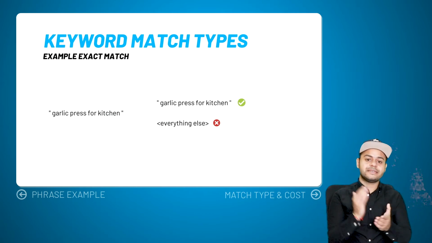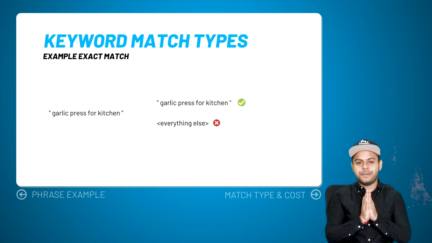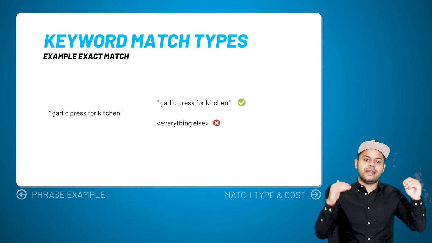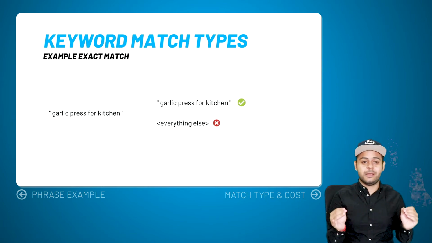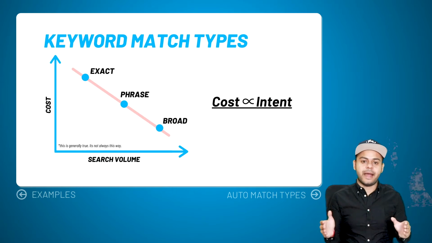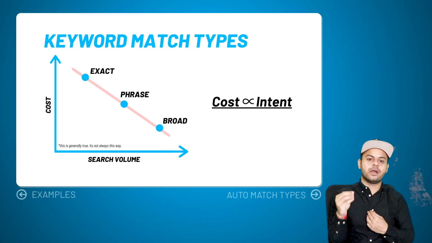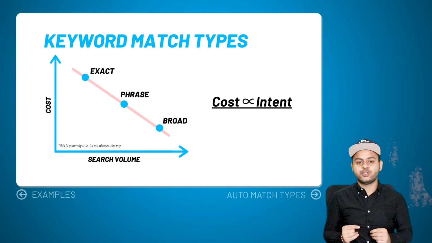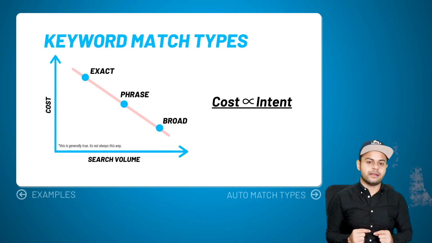Now, something that you must understand, and this is very critical, which a lot of people don't pay attention to or are not consciously aware of, is the cost and impression relationship between these three different match types. At this point, you might have understood that the broad match type will give you the opportunity to come in front of the maximum number of people, which means your ad might be shown to people who may not be interested in your product or in your category, right?